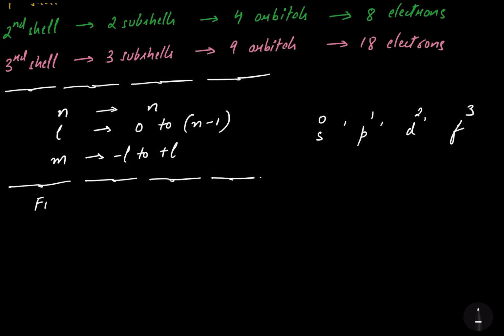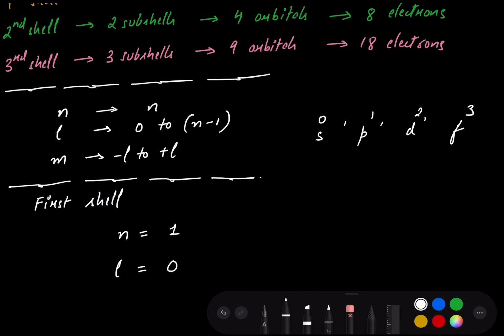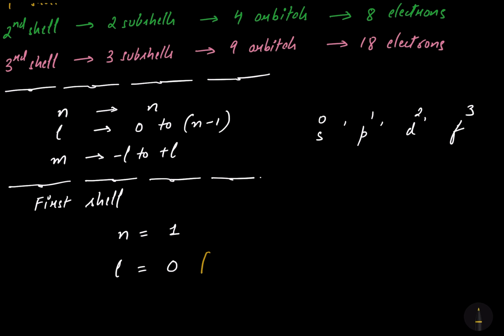I'm writing the first shell. Here n is equal to 1, then l will be only 0. Now 1 and 0, where 0 stands for s, so it comes out to be 1s.